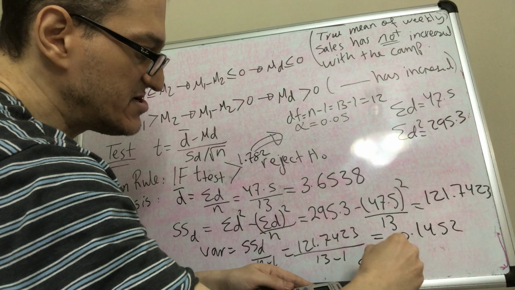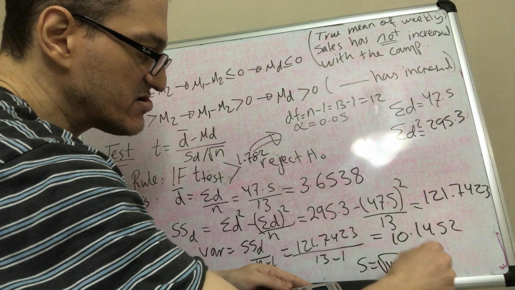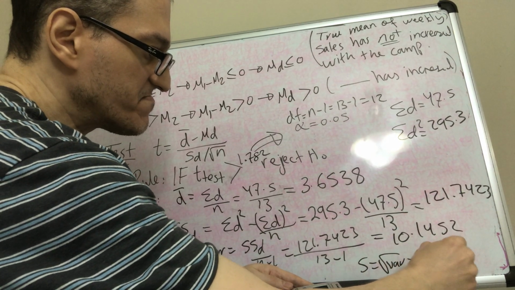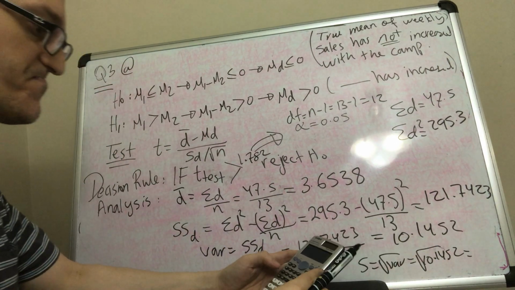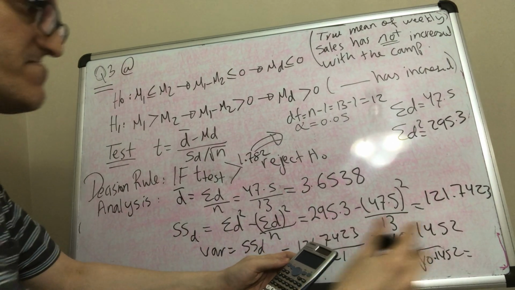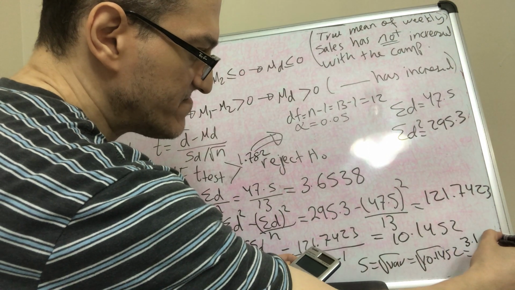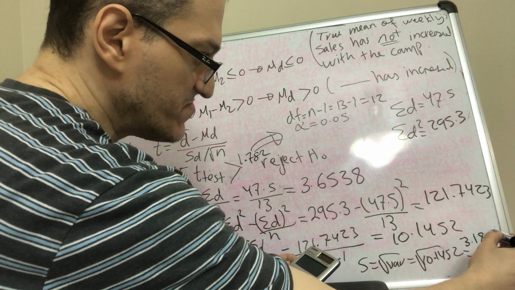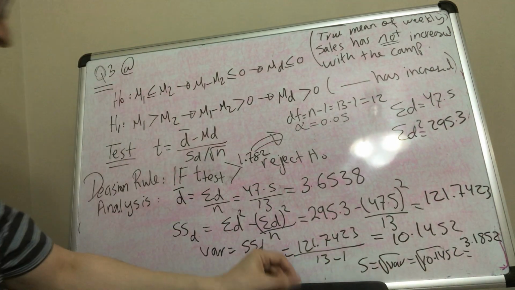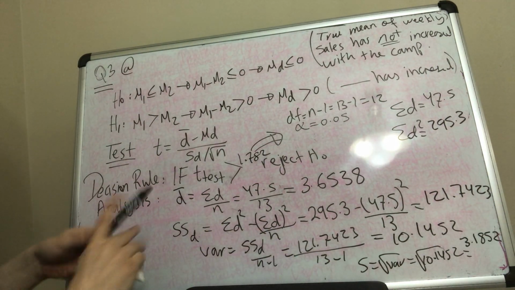And standard deviation would be the square root of variance, you square root this number. That would be 3.1852. Okay.